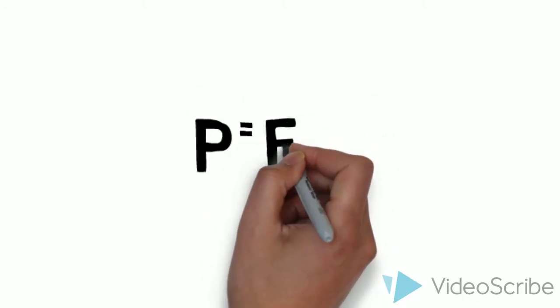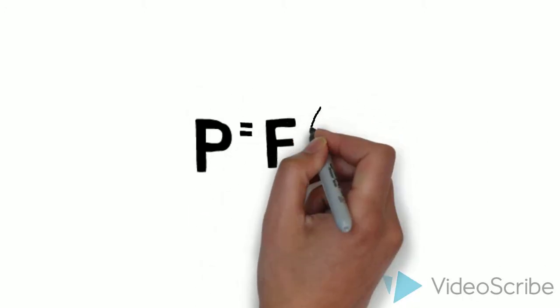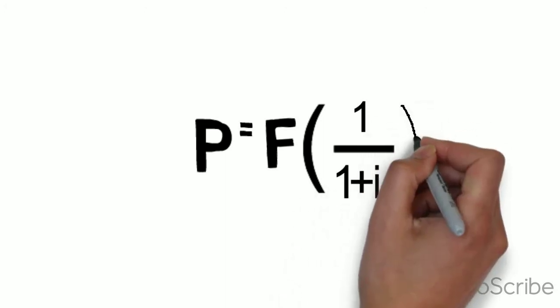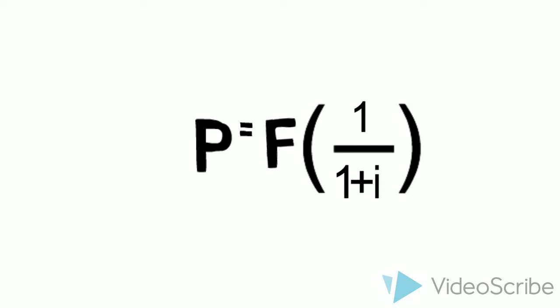Okay, so using this, we can now find the present value, which is equal to the future value multiplied by 1 over 1 plus i, which is your interest rate, 8% in this case, to the power of n, which is the number of periods.